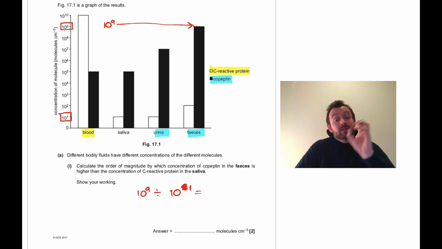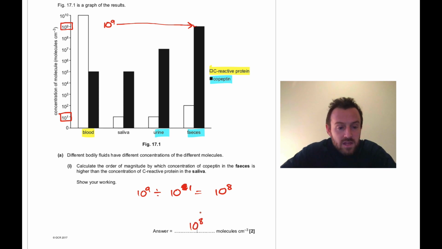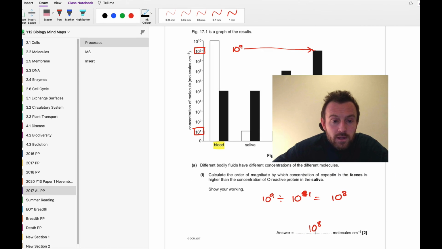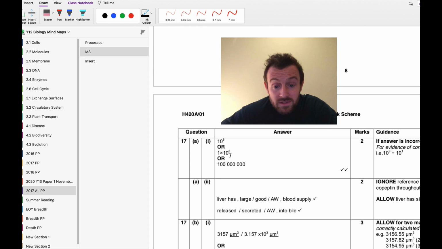And when you're doing powers in maths, remember you take away. If you're dividing 10 to the 9 by 10 to the 1, you take away. So it's 10 to the 8. I think that's sufficient. I don't think you have to put that in longhand. Yeah, 10 to the 8, or 1 times 10 to the 8, or you could have written 100 million. So yeah, all those are correct.